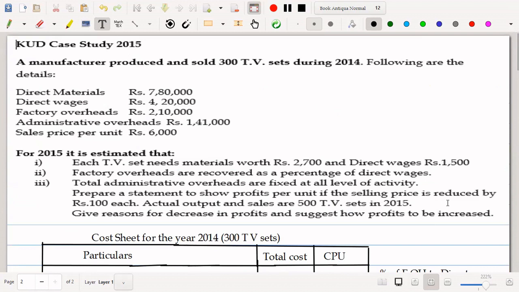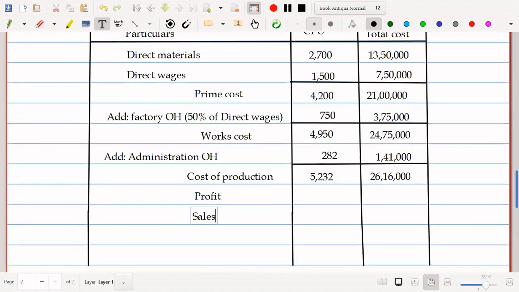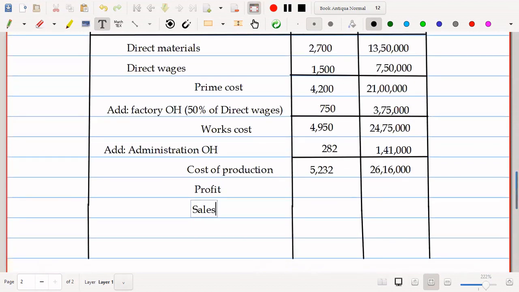If the selling price is reduced by rupees 100 each, this is the information given for 2014 and 2015. So we reduce 100 rupees in 2015, and they have asked what the profit will be then. Last year it was 6,000 rupees. Now we reduce 100, so 5,900 will be the sales price per TV set.